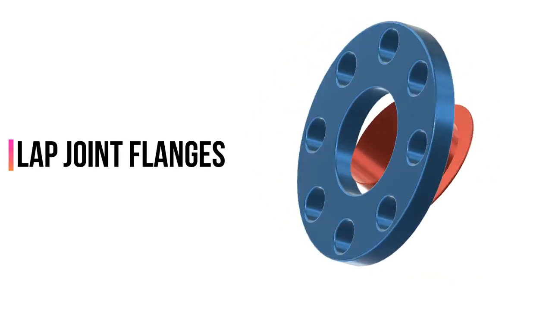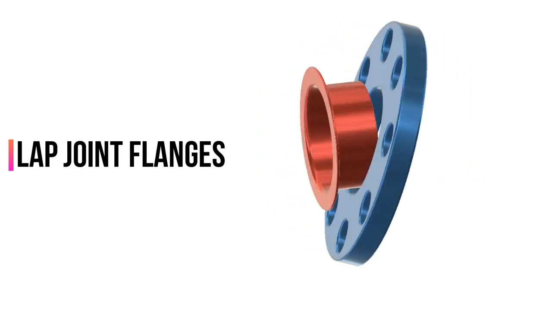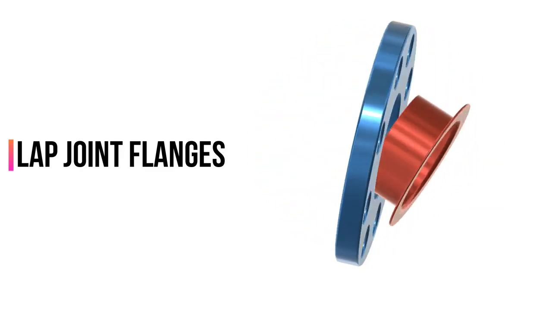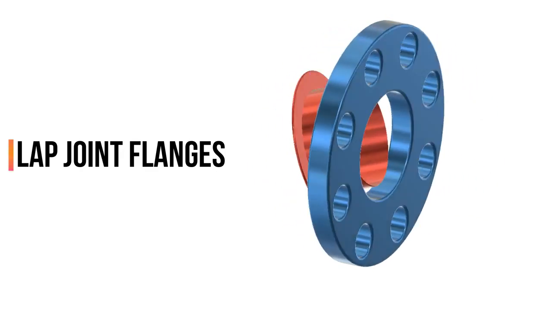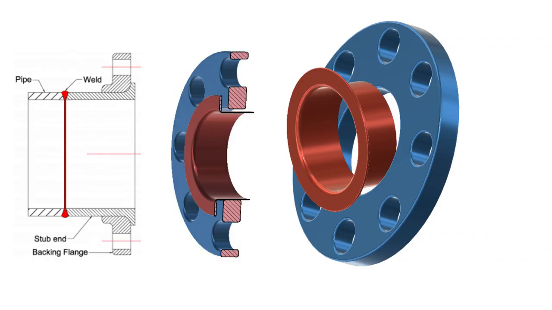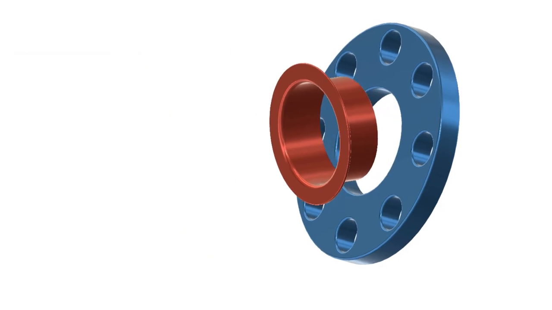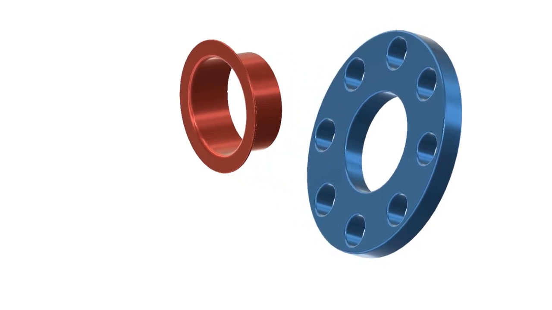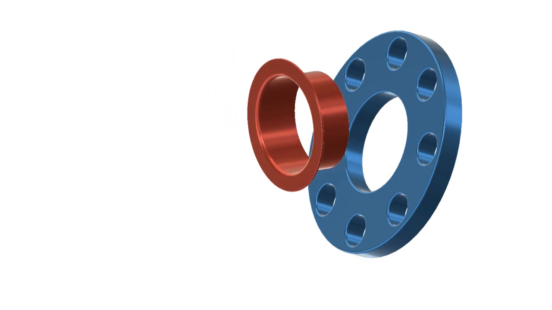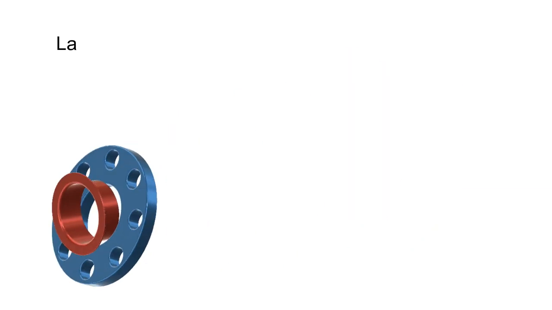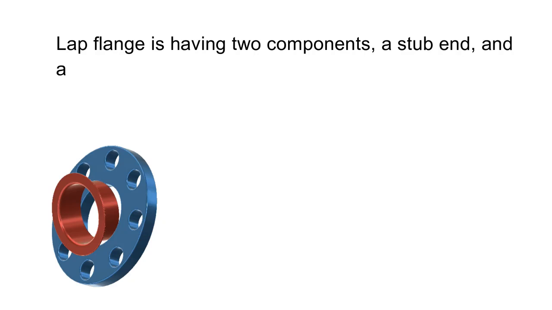Lap joint flanges. Lap flanges have two components, a stub end and a loose backing flange.